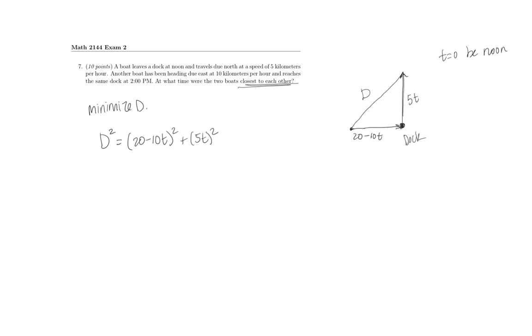So if I do it without the square root, then I'll have 2d dd/dt equals, on the derivative of this, 2 times (20 minus 10t) to the first times the derivative of the inside, which is negative 10, plus 2 times 5t to the first times the derivative, which is 5. So then I get that dd/dt is equal to, well, I can divide all of that by 2d.